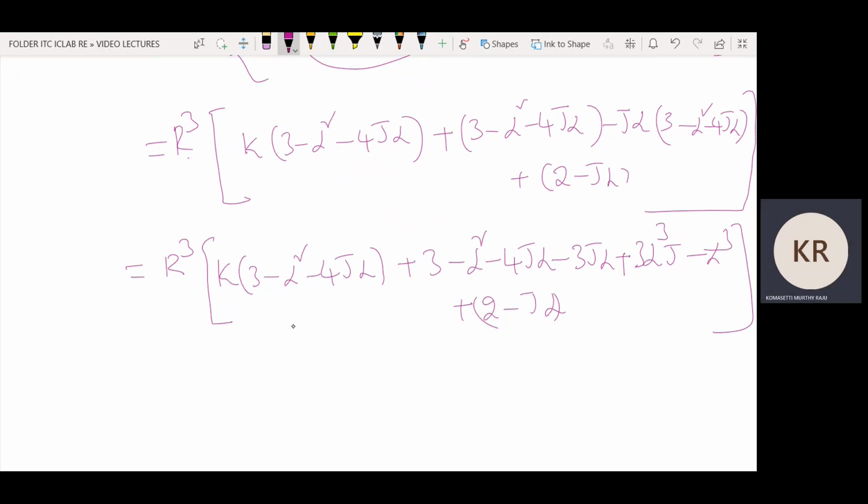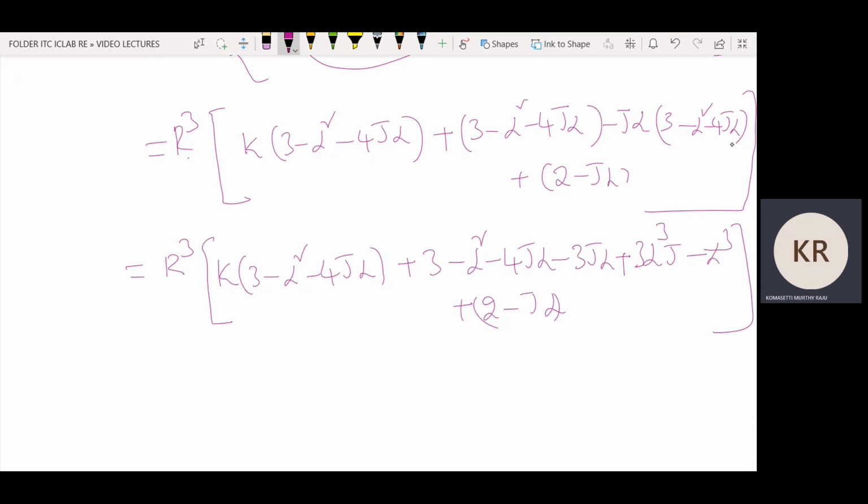k into 3 minus alpha square minus 4j alpha plus 3 minus alpha square, 4j alpha minus 3j alpha, minus into minus plus 3j alpha cube, minus into minus plus, and also j into j square, again minus term is there.